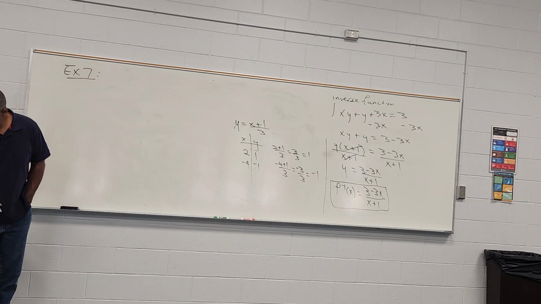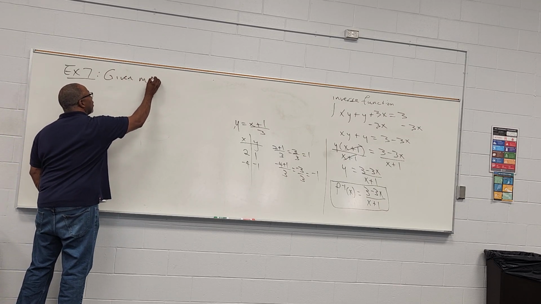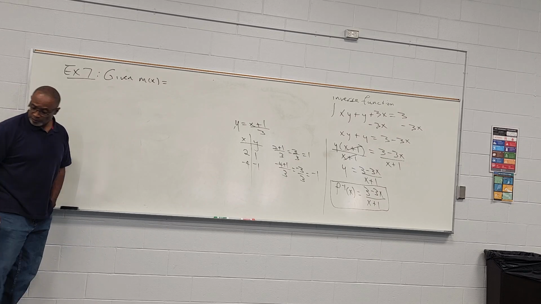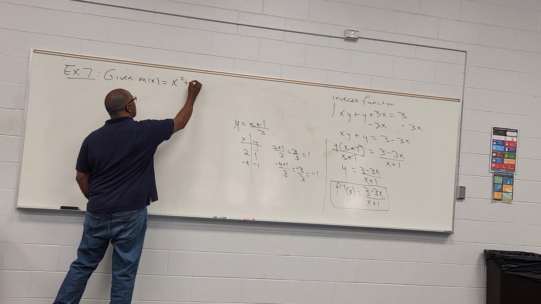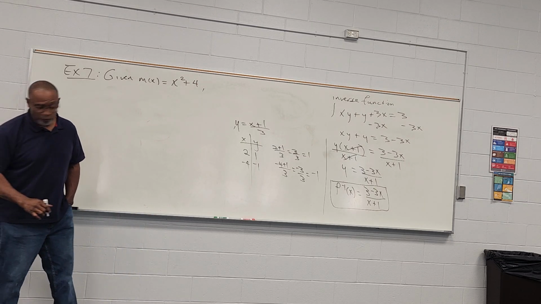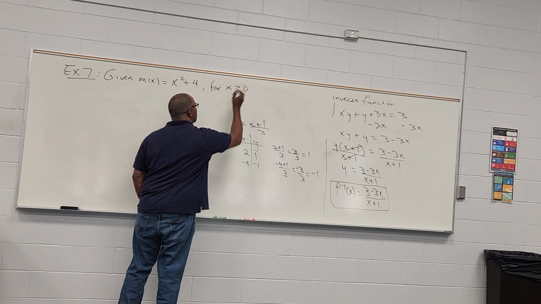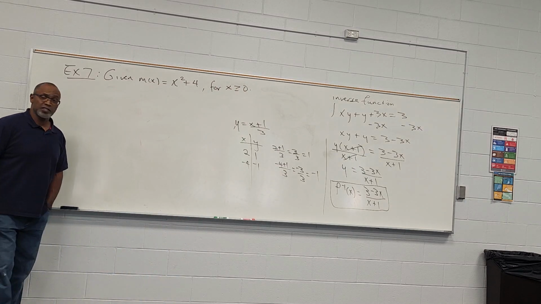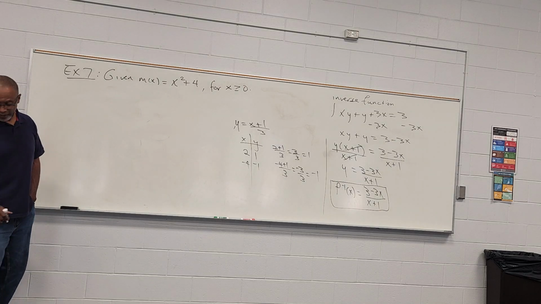Given m of x equals x squared plus 4. But they give me a restriction. They say for x greater than or equal to 0. That function is only defined for x greater than or equal to 0. They say find the inverse.